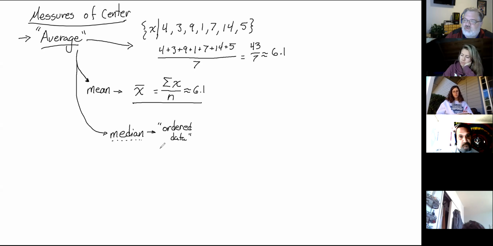So in order, it would be what? 1, 3, 4, 5, 7, make sure I don't miss one, 9, 14. 1, 2, 3, 4, 5, 6, 7. Good. So that's our ordered set.